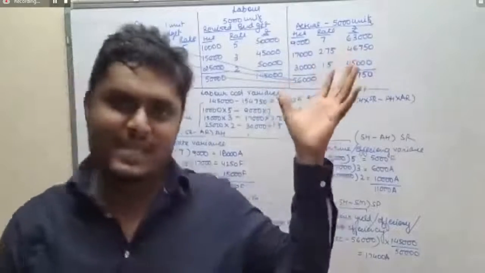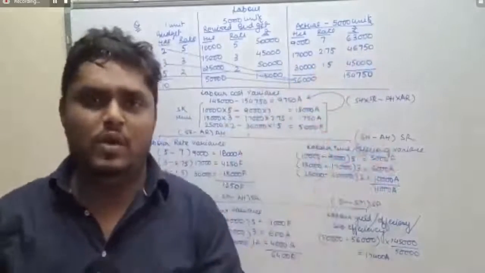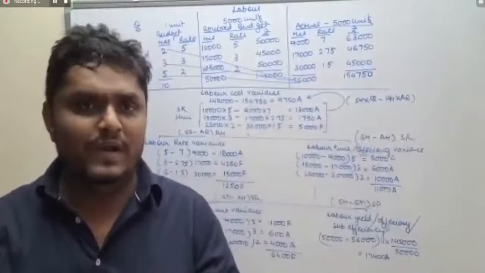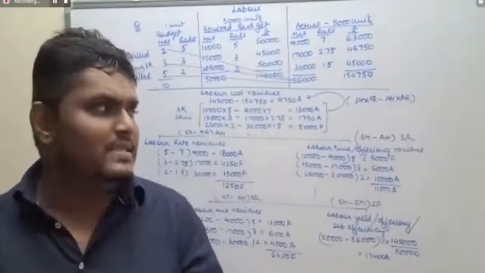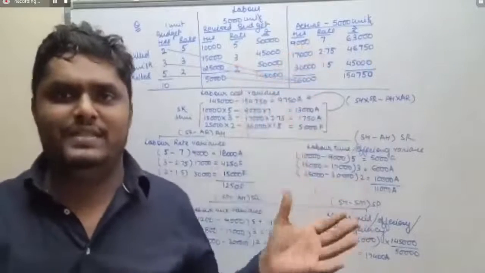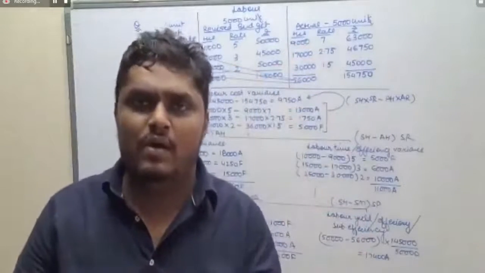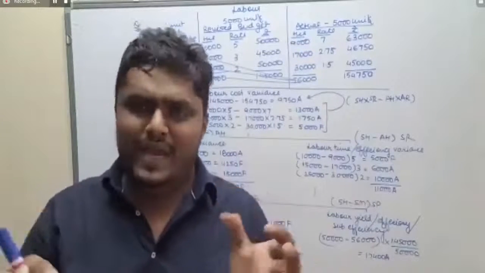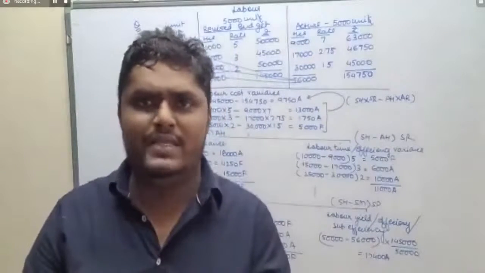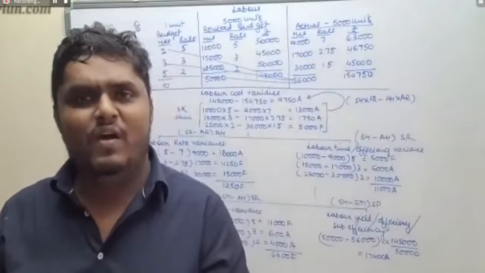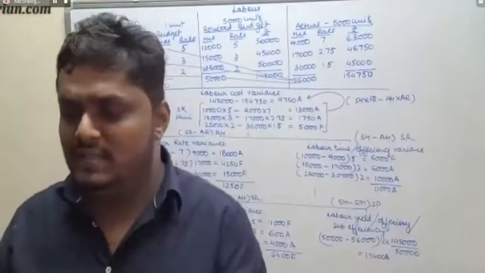Sorry, I'll be discussing one more concept of labor cost, labor variances, and then we'll proceed with fixed overhead variances and variable overhead variances. So I request you to take the screenshot and take a quick review of what we have discussed till now. And if you guys have any query, you guys can post it. I'll check all your queries and will address all your queries. Okay? So let's take a break of 10 minutes, then we'll start the session once again.